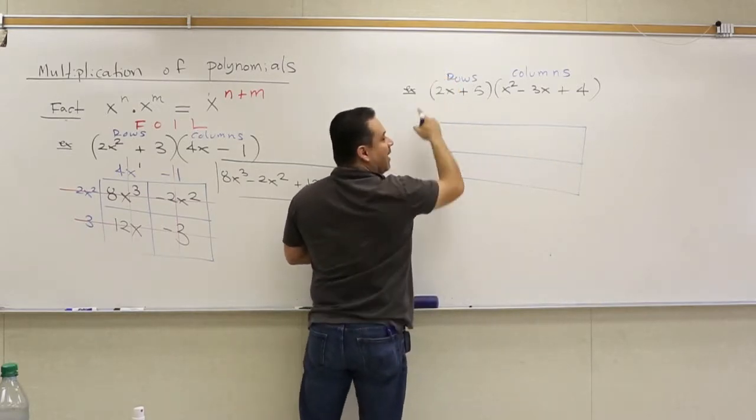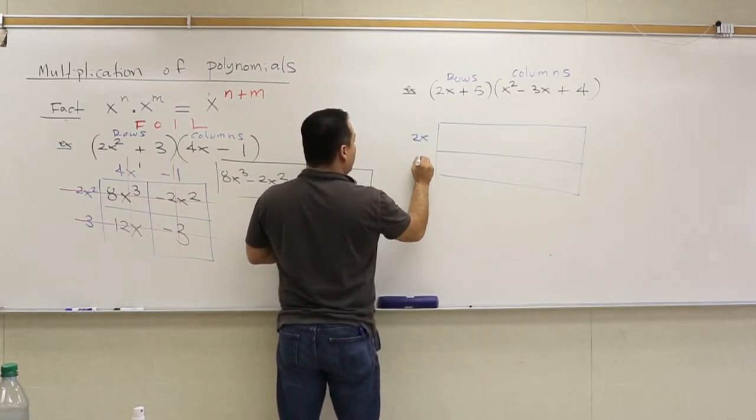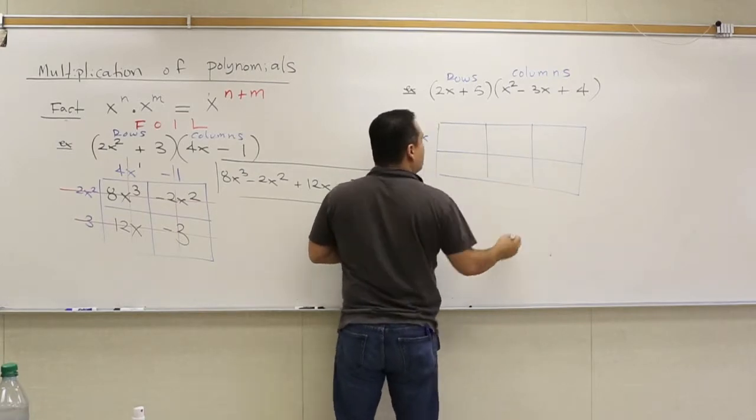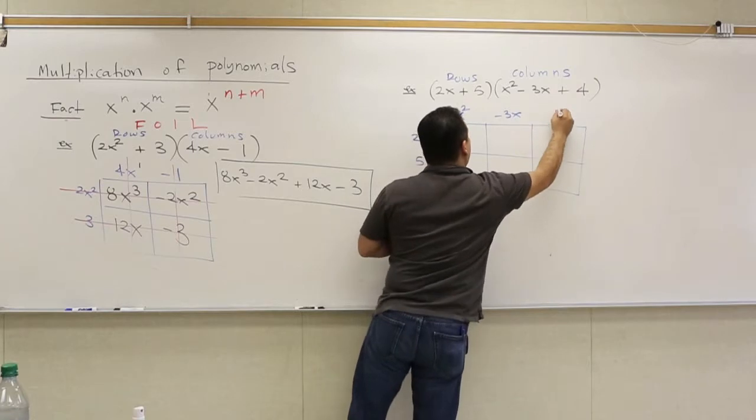How many rows do I have to have? 2, because I have 2 terms. So you're going to have 2x here and 5. How many columns? 3. I got x squared, minus 3x, and my 4.